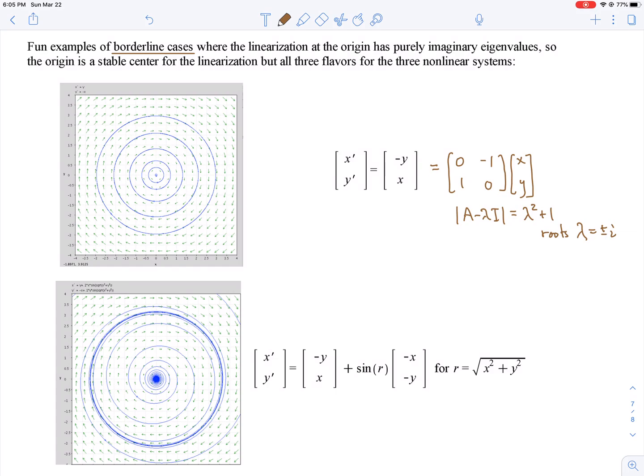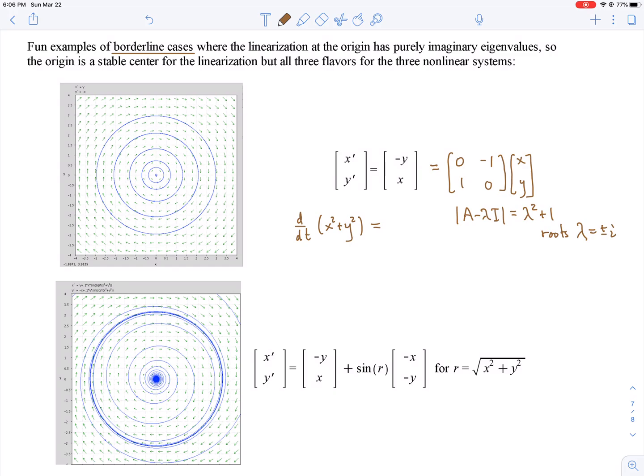And in fact, without even knowing the solutions, we could just take d by dt of x squared plus y squared and show it's constant using the differential equation system. And that will show that x squared plus y squared is constant, so the solution trajectories are circles.